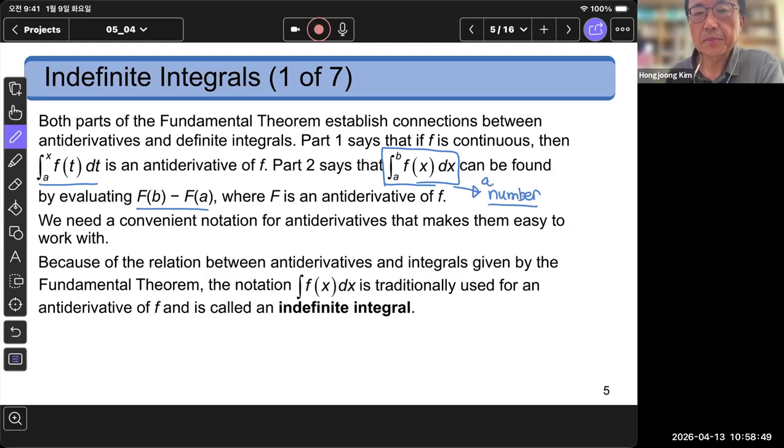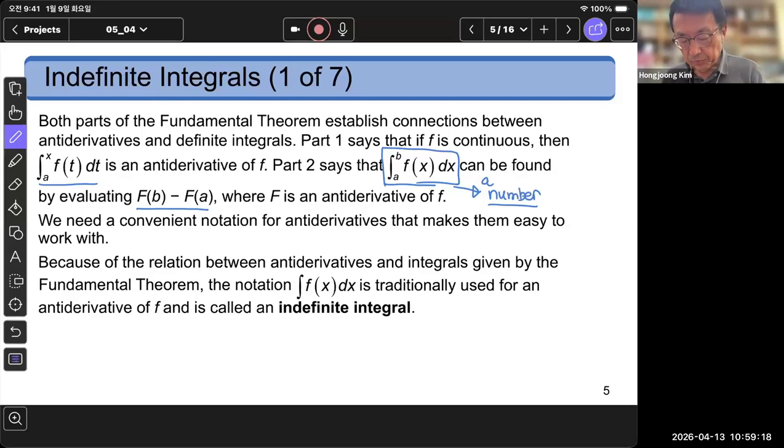Now sometimes, given uppercase F, we want to find its derivative, and the derivative is a function, another function, not a number. So in a similar way, given a certain lowercase f, we want to express a certain antiderivative.